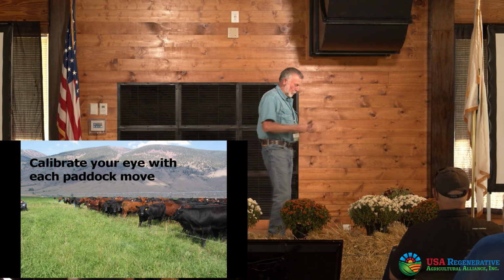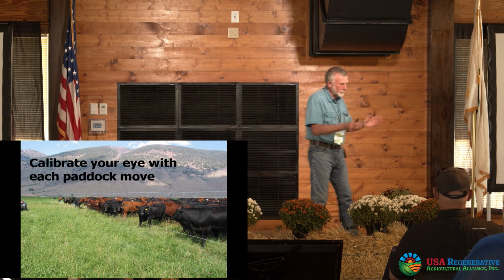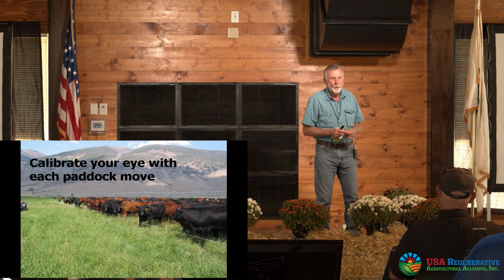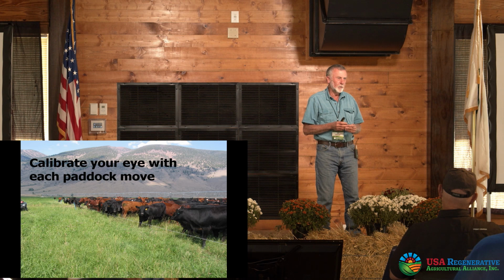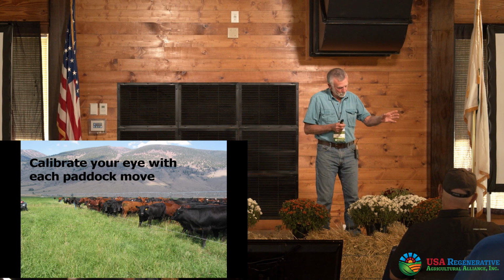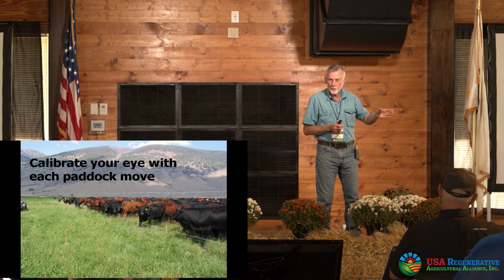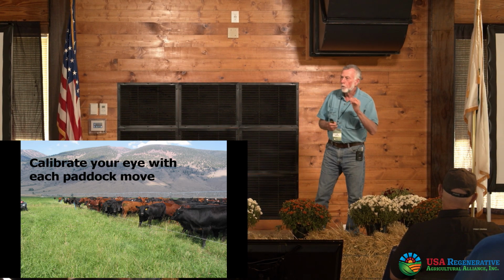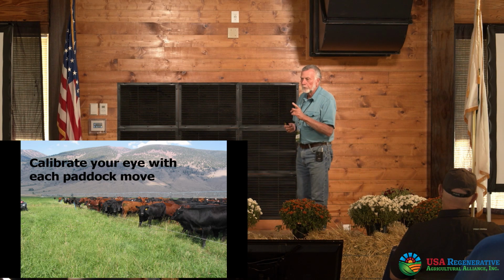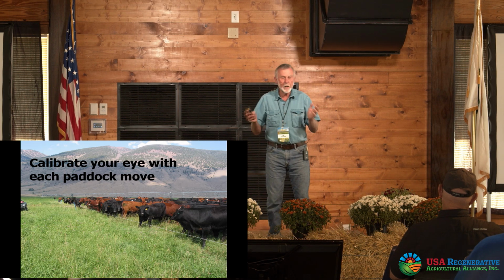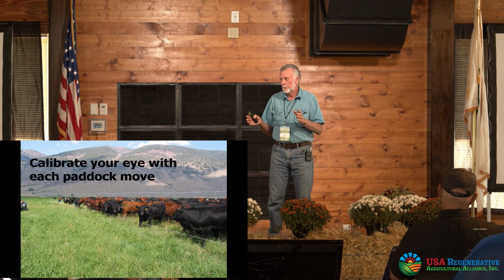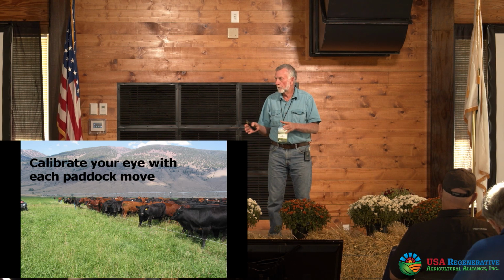And so you look at it again, make your adjustment, set the fence up again, and see what happens. If you do 30 daily moves, assessing it each day and adjusting, that's what the New Zealanders showed, 30 repeated measures, and your eye will be trained to see that yield.